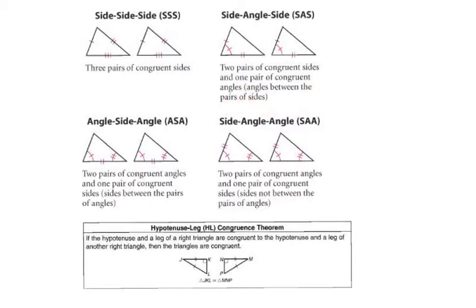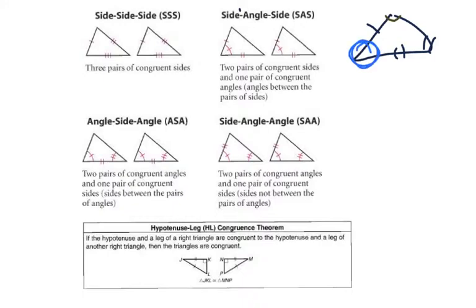So these sides here are our congruent sides, and they make up that angle that's congruent. It could not have been this angle in brown or this angle in blue. If it's side angle side, it has to be the included angle, this angle right here.